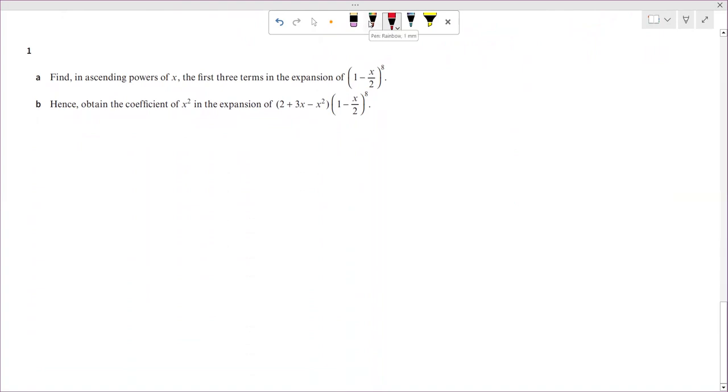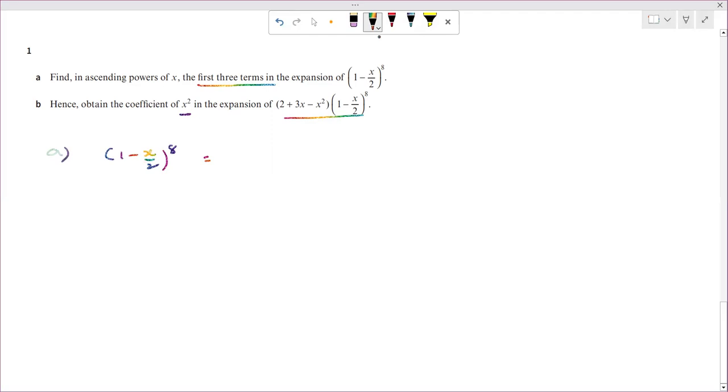Okay, now next, see this question here. Here also, he has given that we have to expand and find the first three terms in this expansion, and also obtain the x square coefficient in this expansion. For such types of questions, first you expand this one. A part: 1 minus x by 2 whole power 8.